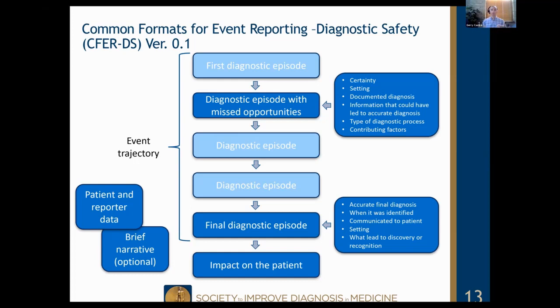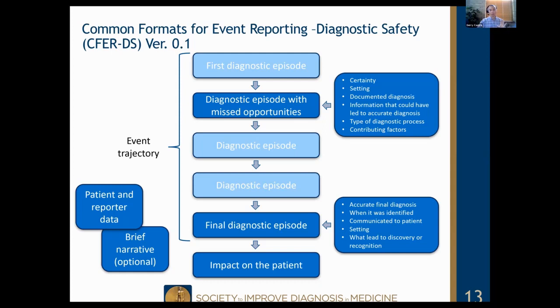So if you can think about this, the first diagnostic episode is when we first go to, for example, our family practitioner, right? And they refer you to a specialist. So the specialist will refer you to a test. That is a diagnostic episode. If that test result is missed, maybe that's what they call a diagnostic episode with missed opportunities.